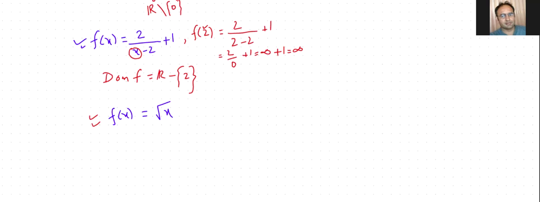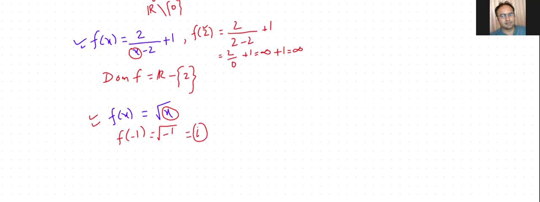In such a function, you have to think about an input at which the function gives us an imaginary number. If you substitute -1 in place of x, the square root of -1 is always iota. If you try to calculate the square root of -1 with a calculator, it will also give you a math error. This is not a real number, it is an imaginary number, iota. So -1 is not included in the domain of this function.